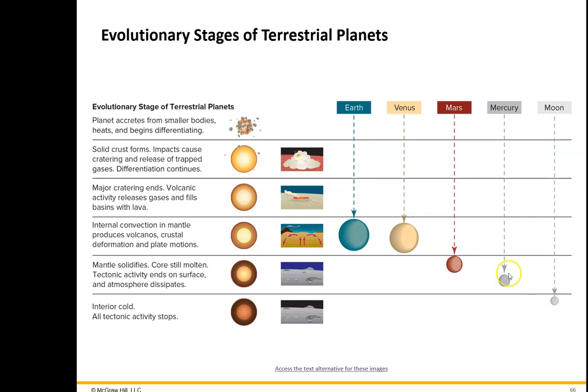As far as Mercury goes, we don't have any evidence, because we haven't landed anything on Mercury to determine whether there are quakes. But since it's very similar to the moon, we think it's approaching this stage. Well, not very quickly. This is going to take billions of years.